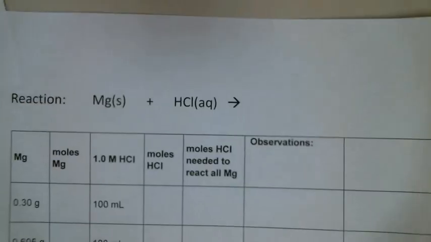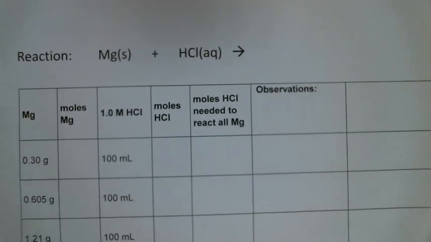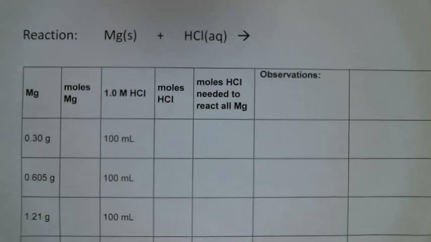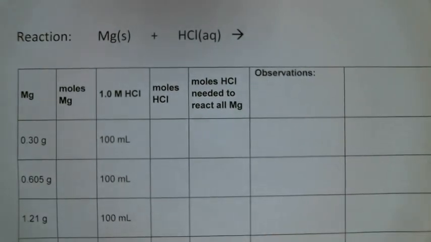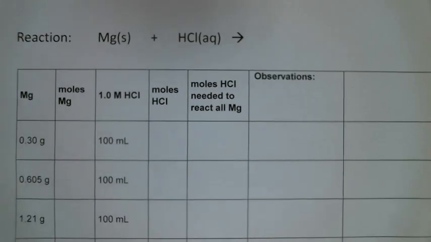We have this handout for the reaction. Before we do the calculations, we have to review the observations that we made verbally while we were doing it and figure out what the reaction was.